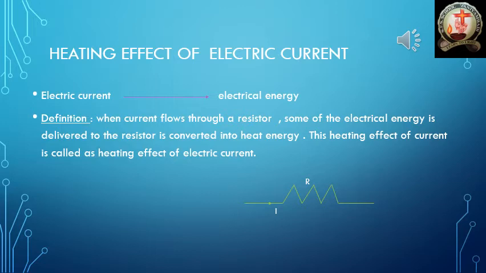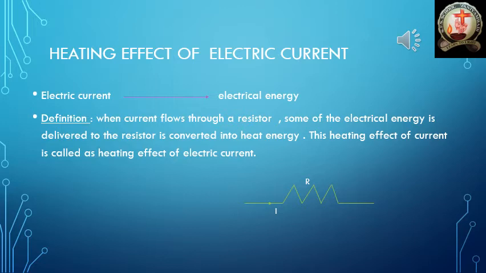That means when current flows through a resistor, only some electrical energy is delivered, not the total. Only some amount of electrical energy is delivered to the resistor.